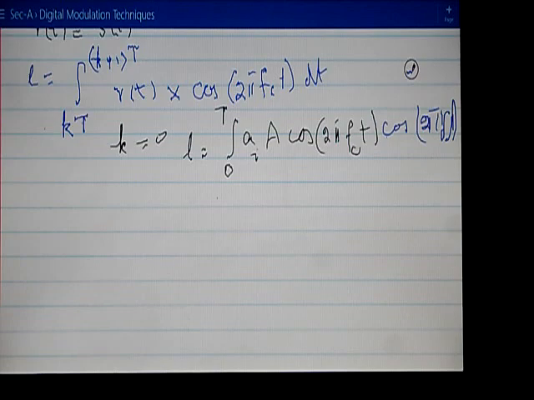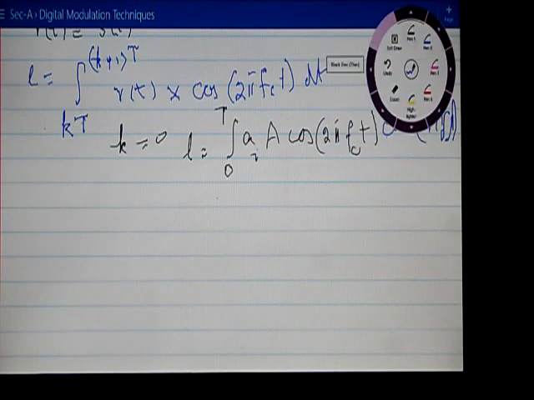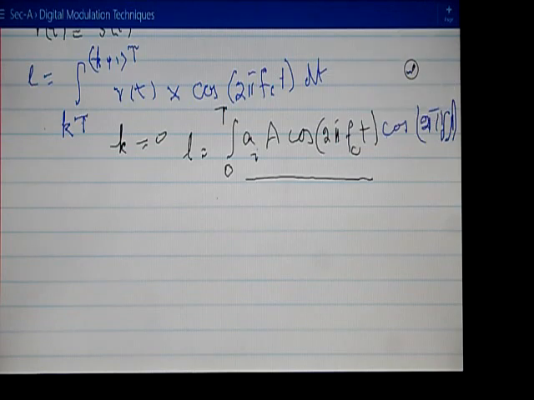Now by substituting k equal to 0, we can write the output of the integrator L as the integral from 0 to capital T of a sub I capital A cos of 2 pi fct times cos of 2 pi fct. This is our signal S of t, and this one is the output of the carrier recovery block.